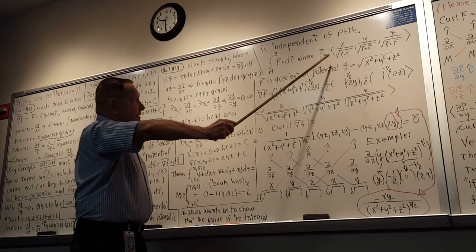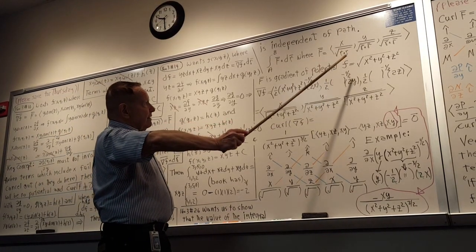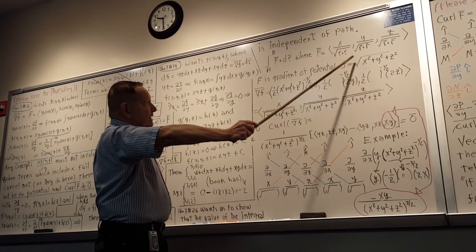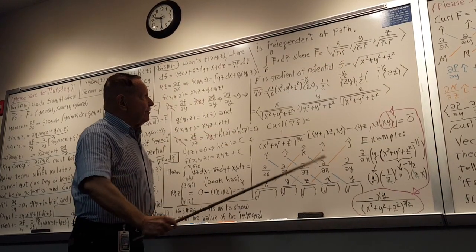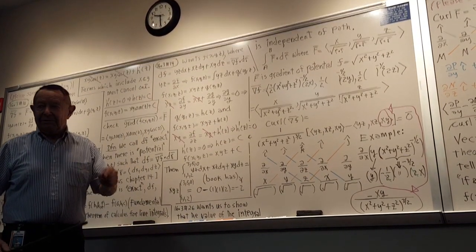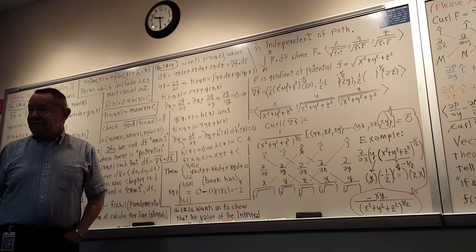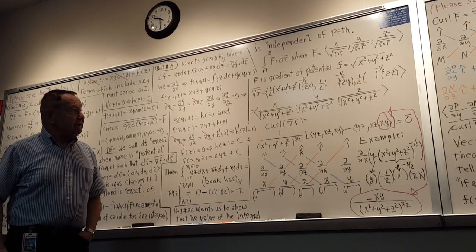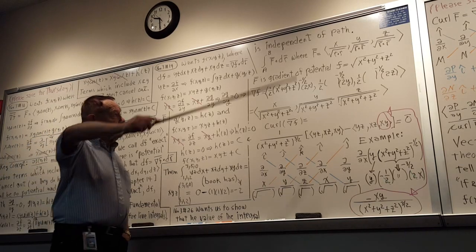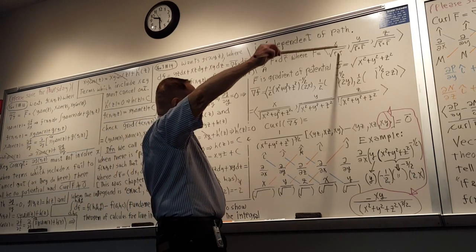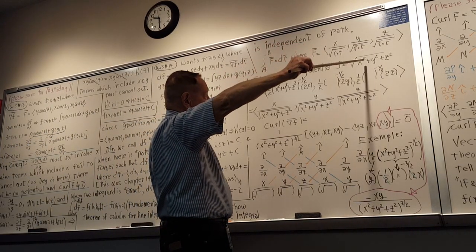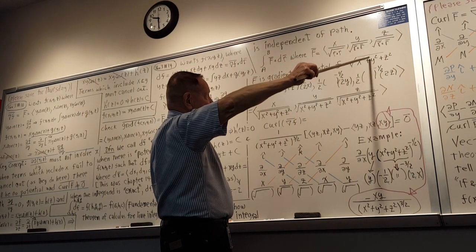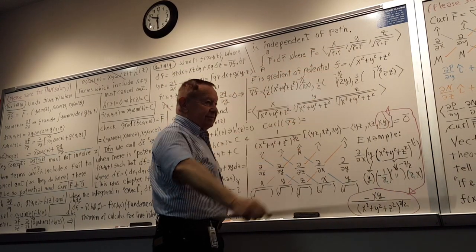Notice that r dot r, if you think of r as x, y, z, is x squared plus y squared plus z squared. So it's the same as if these denominators are the square root of x squared plus y squared plus z squared.